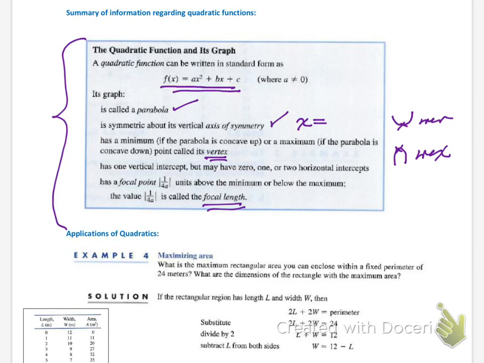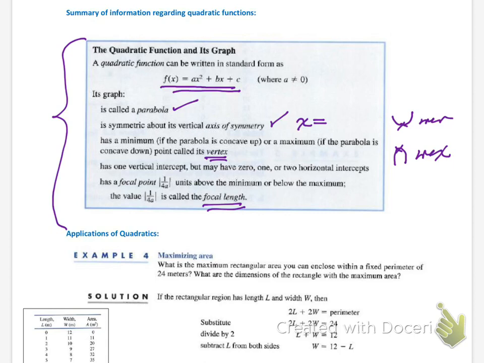Okay, so the next problem, we're starting to do some applications of these quadratics. It says, what is the maximum rectangular area you can enclose within a fixed perimeter of 24 meters? What are the dimensions of the rectangle with the maximum area?